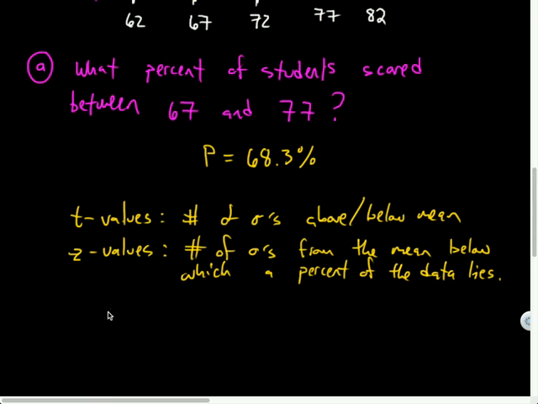So T values, let me describe both of these situations here. Data. And to draw two quick little swoops here. So a T value would be about the mean.